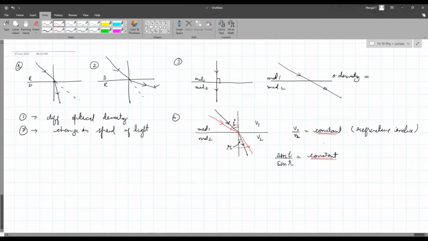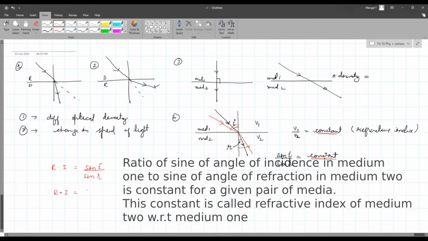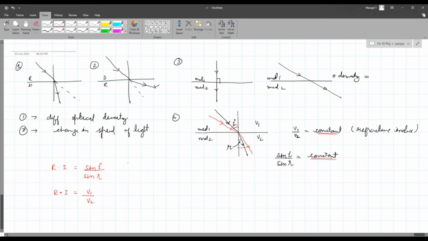These two constants are the same. Therefore, refractive index is sin i upon sin r, and refractive index is also velocity 1 upon velocity 2. The sine of the angle of incidence is in medium 1, and that is the velocity of light in medium 1. Refraction is in medium 2, and this is the velocity of light in medium 2.